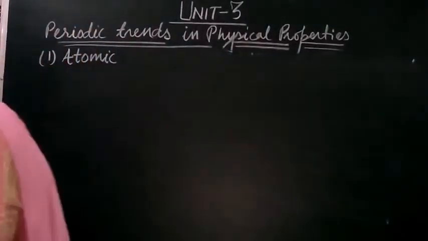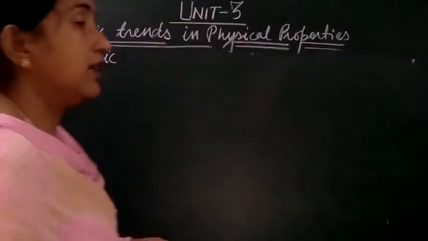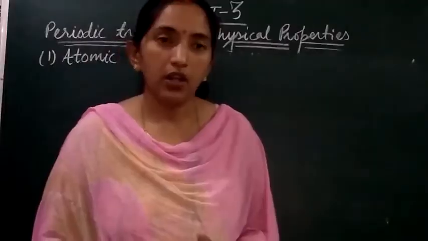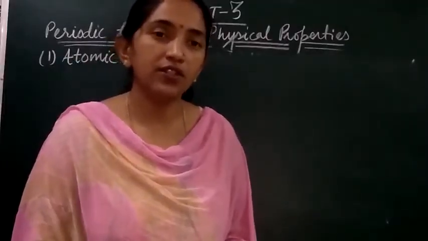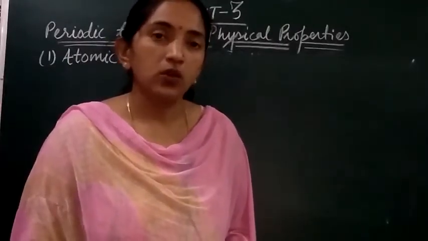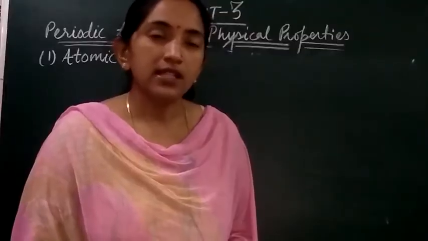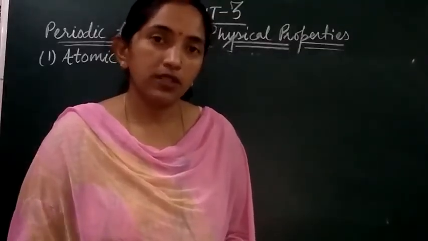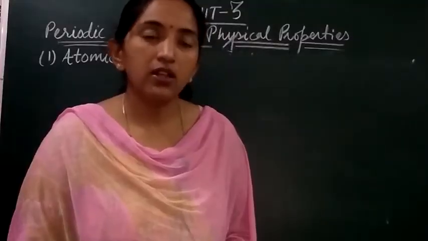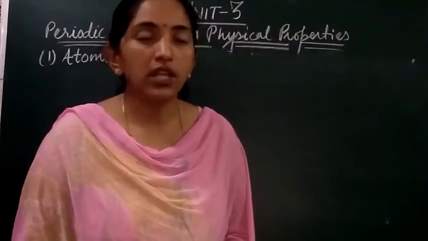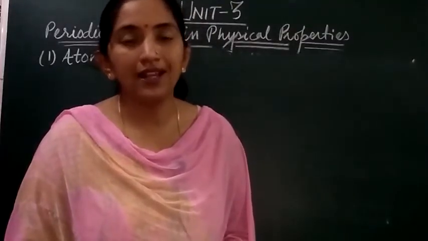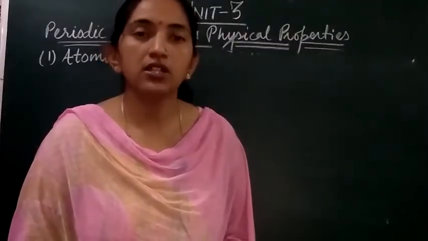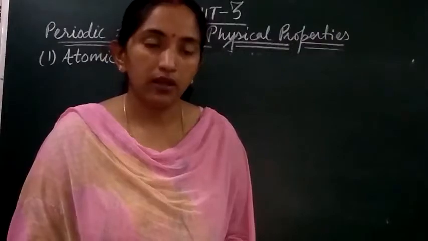The atom is considered to be a sphere, and if it is a sphere, we will have a radius of it. So atomic size is the distance from the center of the nucleus to the outermost shell, or we can say it is the radius of the atom, which is considered to be a sphere.